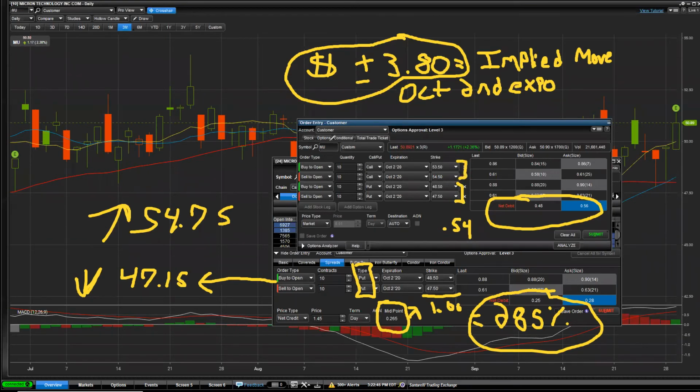So with Micron above 54.50, we make a 1, divide that by 0.54. We'd make an 85% return, 85.19% return. If it's below 47.50, we make an 85.19% return.